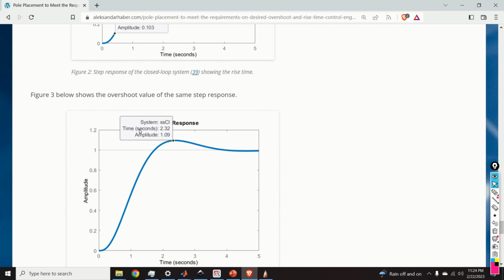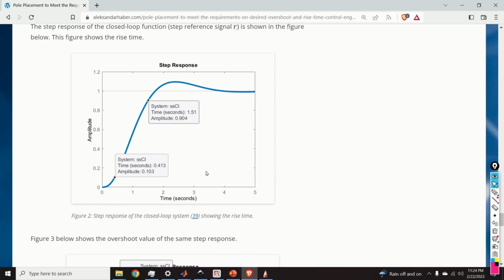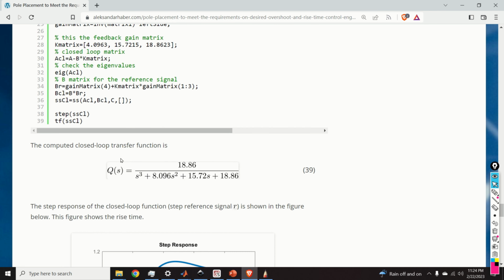And finally, you can see that the overshoot is around 9%, and that's less than 10%. And finally, the closed loop control system looks like this, and we can clearly see that in steady state we can accurately follow the step signal.